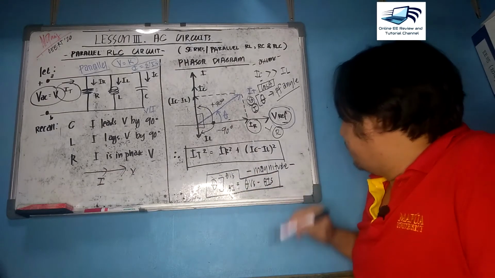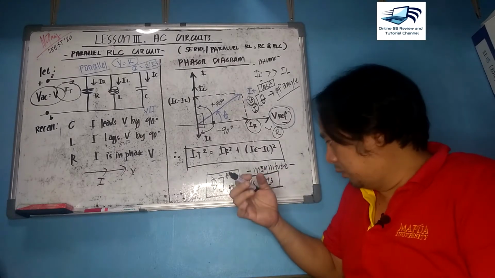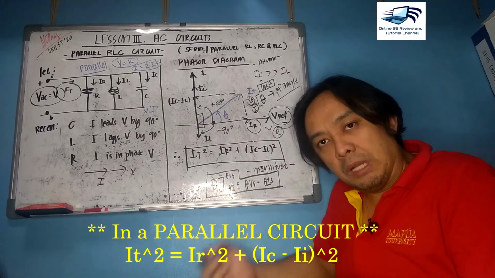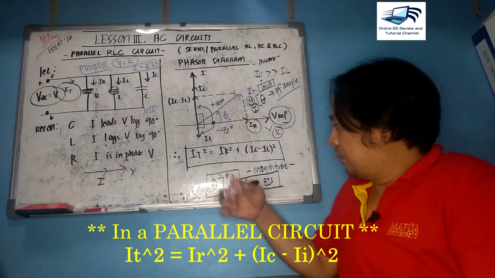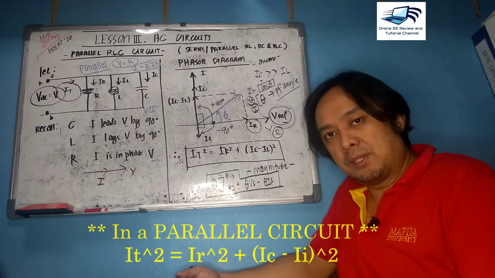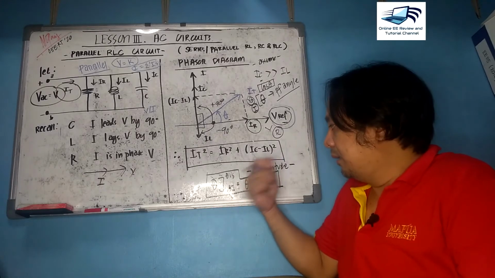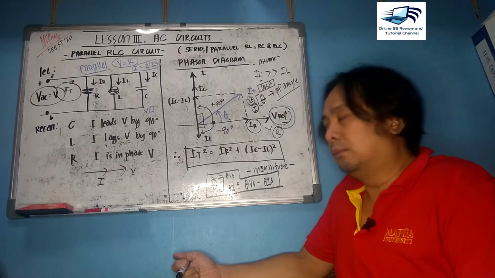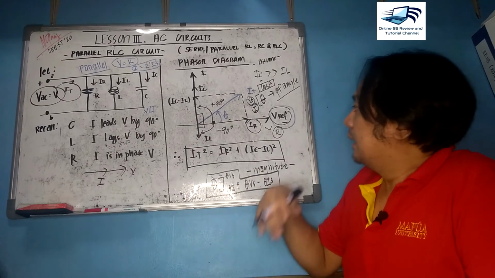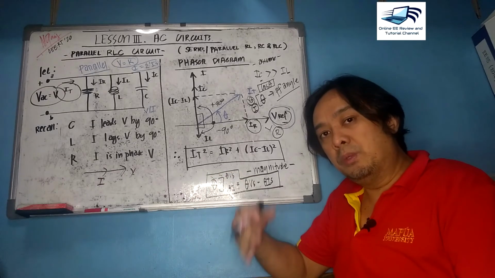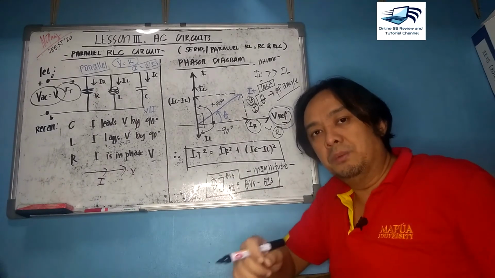So this is another important equation that you need to know, which is very important in determining power factor angles, which we can describe in the next lesson: the power factor relationship between R, X, and Z, or even on powers, which is S, P, and Q.